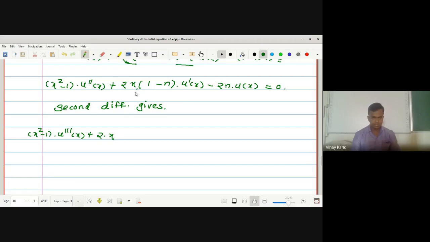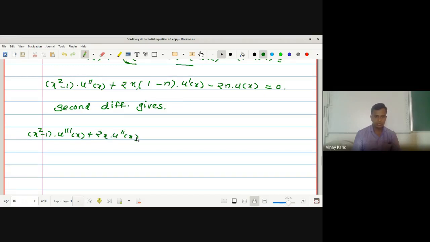Wait a minute. 2 जर मी कॉमन घेतला, 2 येईल. अजून हा टर्म आहे ना शिल्लक. First as it is, derivative of second. Now, second as it is, derivative of this one, 2x into u double dash of x.